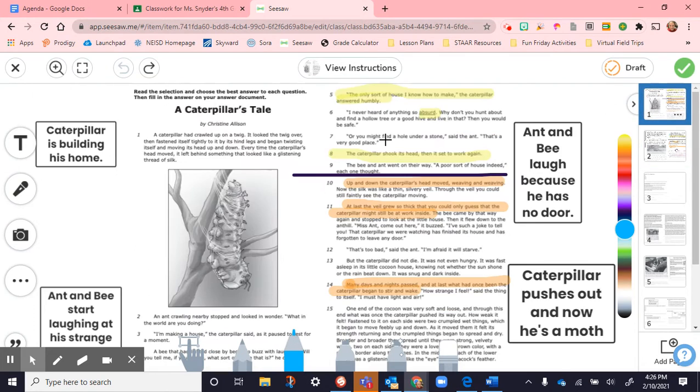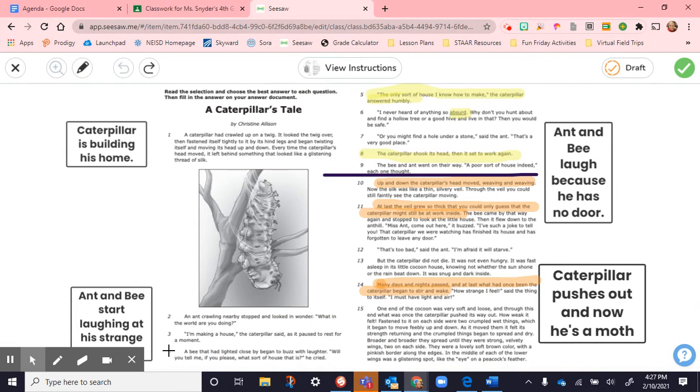So we went back and we found in 5 it says, the only sort of house I know how to make, the caterpillar answered humbly. If you look at before that, it says, a bee that had lighted close by began to buzz with laughter. Will you tell me, if you please, what sort of house that is? he cried.